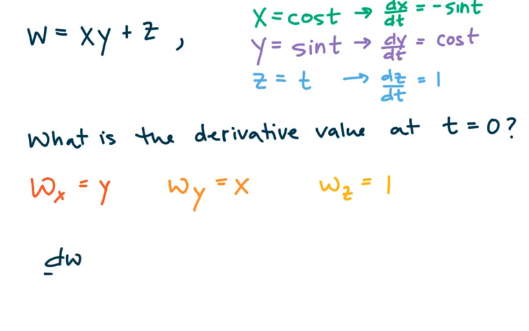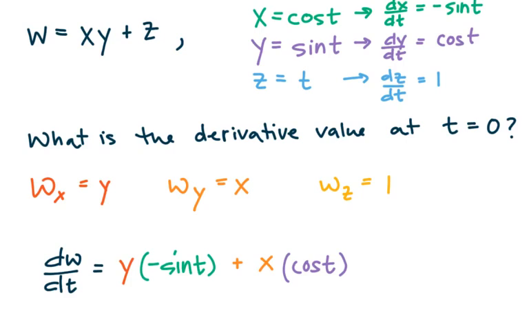So I can surmise that the derivative of w with respect to t is the partial of w with respect to x, which is y, times the derivative of x with respect to t, which is negative sine t, plus the partial with respect to y, which is x, times dy/dt, which is cosine t, plus the partial with respect to z, which is 1, times the derivative of z with respect to t, which is also 1.